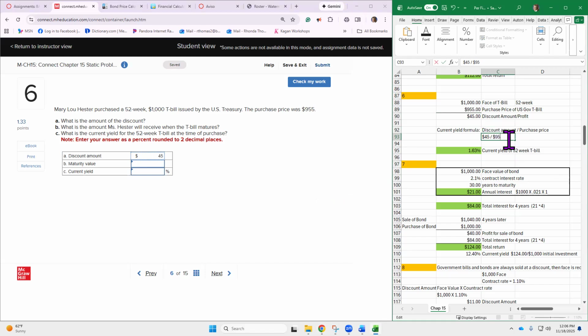We invested $955 to make that $45. So we need to calculate that here. Oh, by the way, the maturity value is $1,000. We buy this on January 1 for $955.